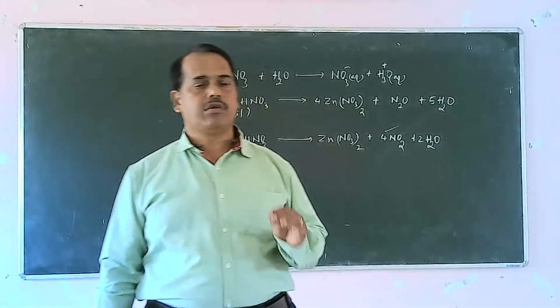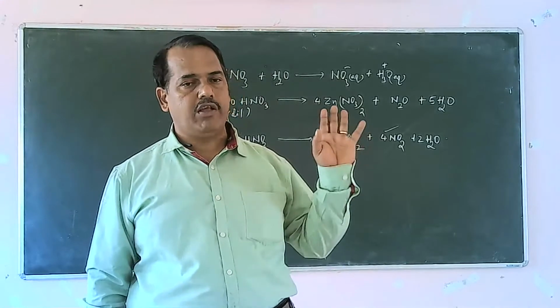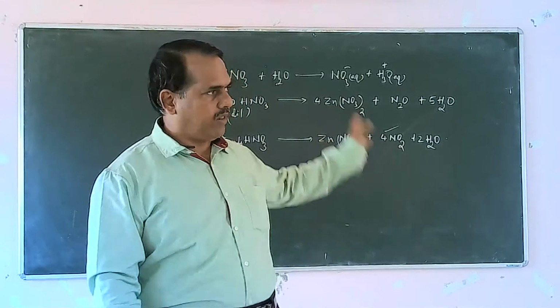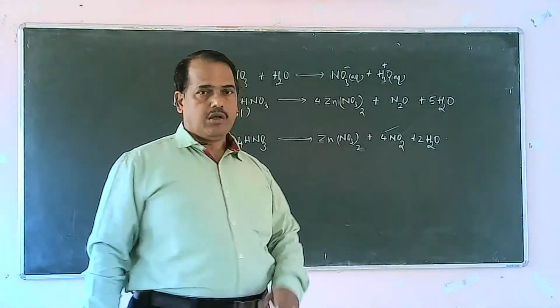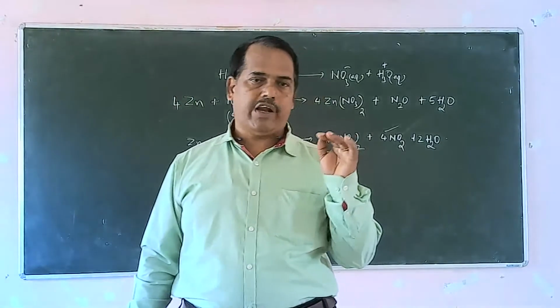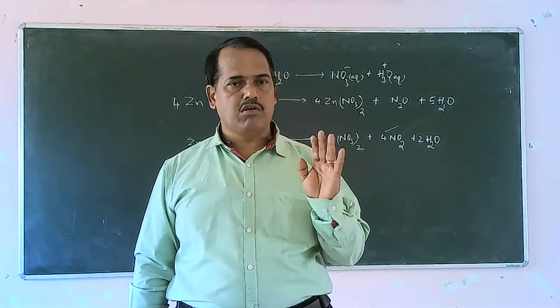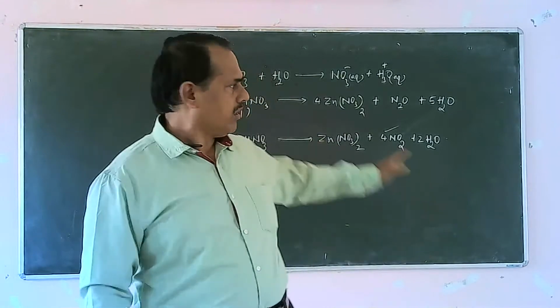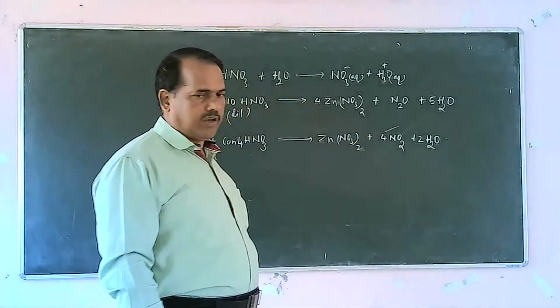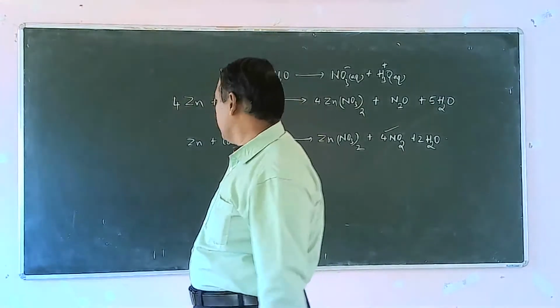Therefore, nitric acid reacts in the dilute condition as well as in the concentrated condition with many metals. Particularly, it reacts with zinc. In the concentrated condition, it gives nitrogen dioxide.